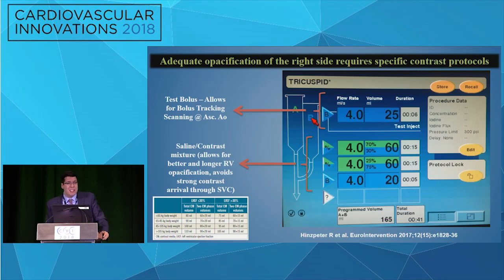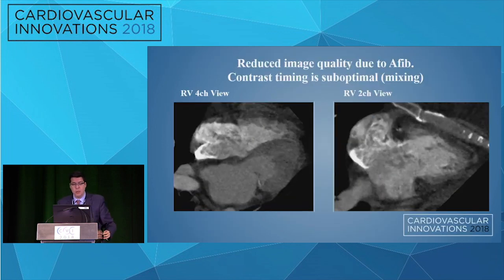Obviously, the CT scan requires specific contrast injection protocols, as we mentioned. Ideally, we'd like to do a test bolus, tracking the ascending aorta, but most of the protocols use what we call a triphasic contrast mix. A little bit more contrast than saline, a little bit less contrast than saline, and then a saline flush. And with that, we will be able to adequately opacify the right atrium and the right ventricle.